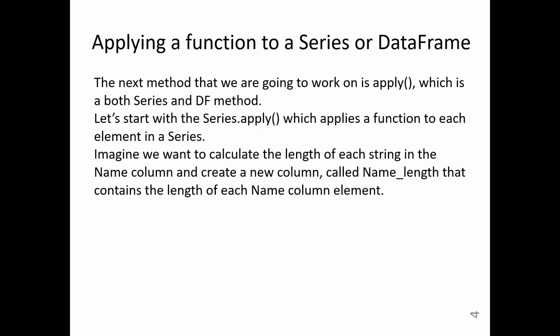Let's start with the series apply, which applies a function to each element in a series. So imagine that you have a column that contains some numbers, and you want to use rounding, kind of rounding down or rounding up.